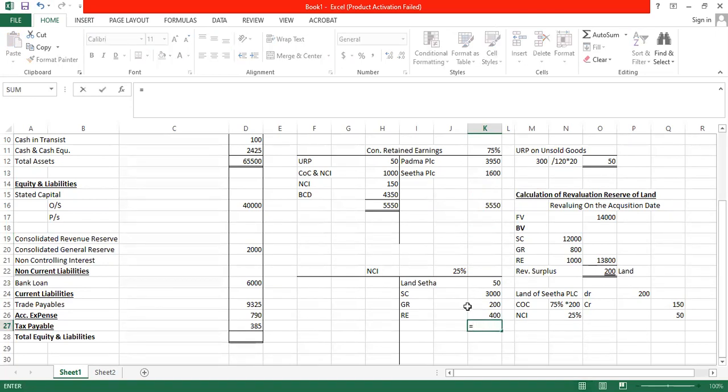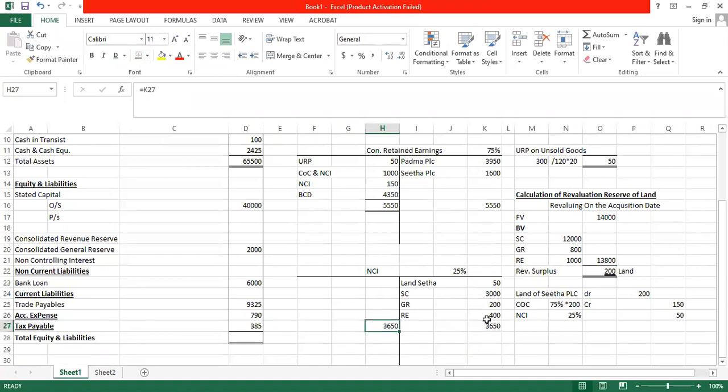We will balance our non-controlling interest account. If you balance the non-controlling interest account, 3,650 is the balance. So you have to take this balance into your balance sheet or our consolidated account. You can balance your accounts now.